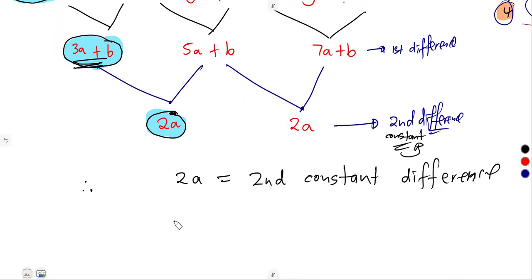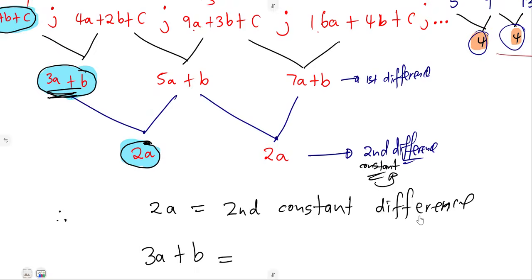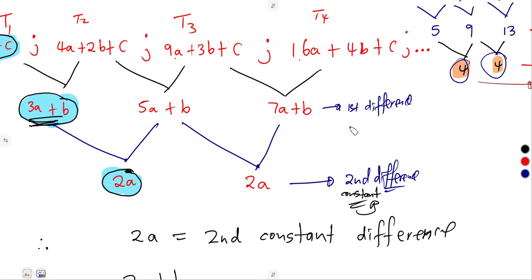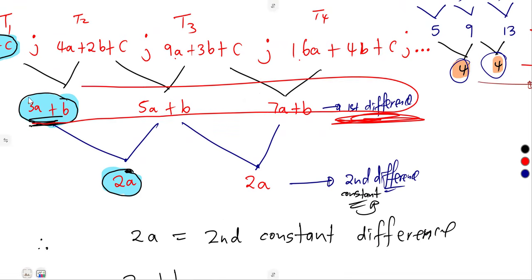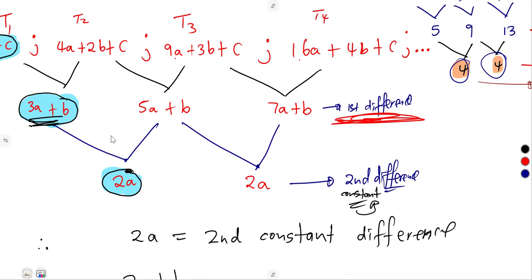Along this, 3a plus b can also be used. So we can see that 3a plus b is equal to the first term of the first difference. Remember, the first difference has its own terms: T1, T2, T3 of the first difference.